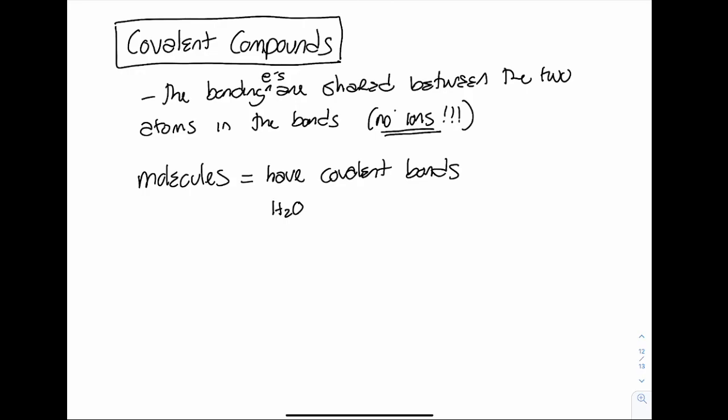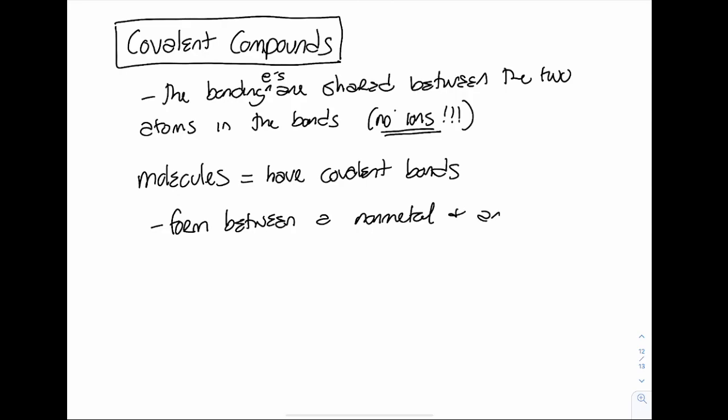We can also call it a compound, but we can call it a molecule because the bond between them is covalent. And again, it typically forms between a nonmetal and another nonmetal. It doesn't have to, but for us it will.